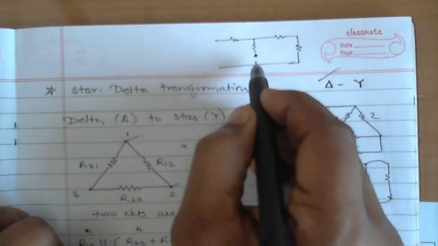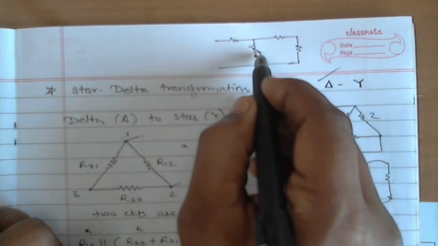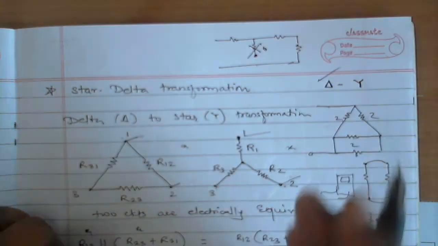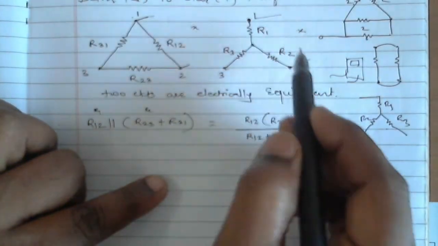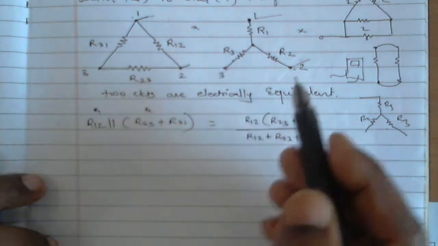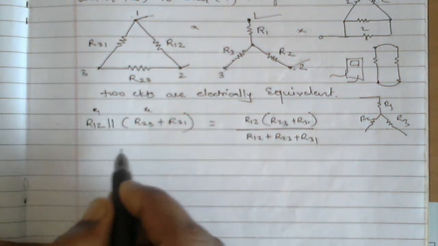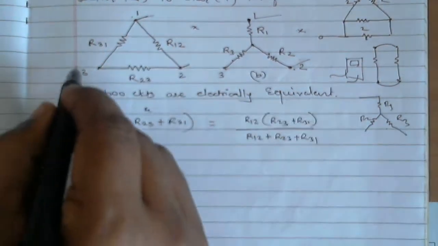This resistance is hanging like this, not connected, so it has zero value. Similarly, in our case, I am considering between 1 and 2, so this is of no use. So I can say this is figure B, this is figure A.